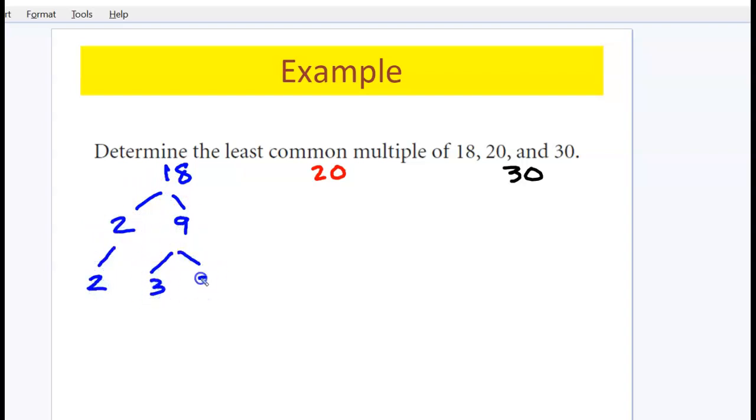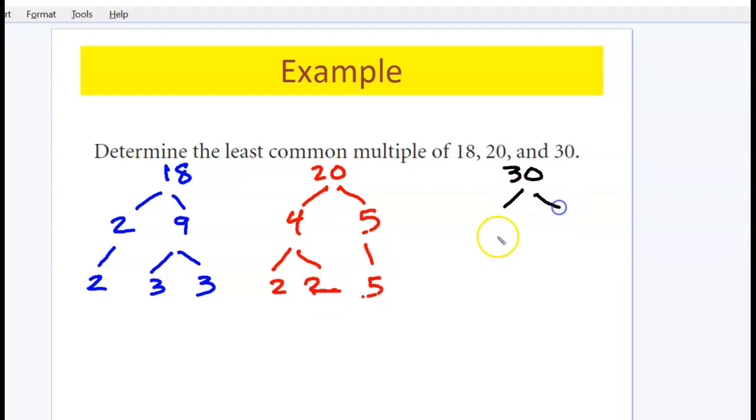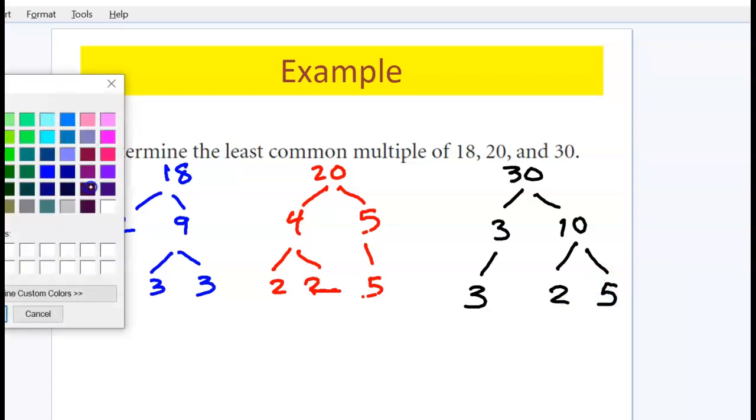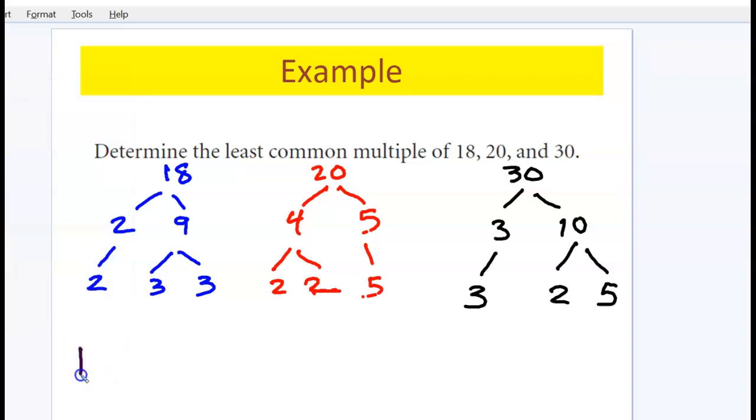And this should be a review from what we did in the first part of 3.1, when we found greatest common factors. And the last one, 30, 3 times 10, 3 times 2 times 5.